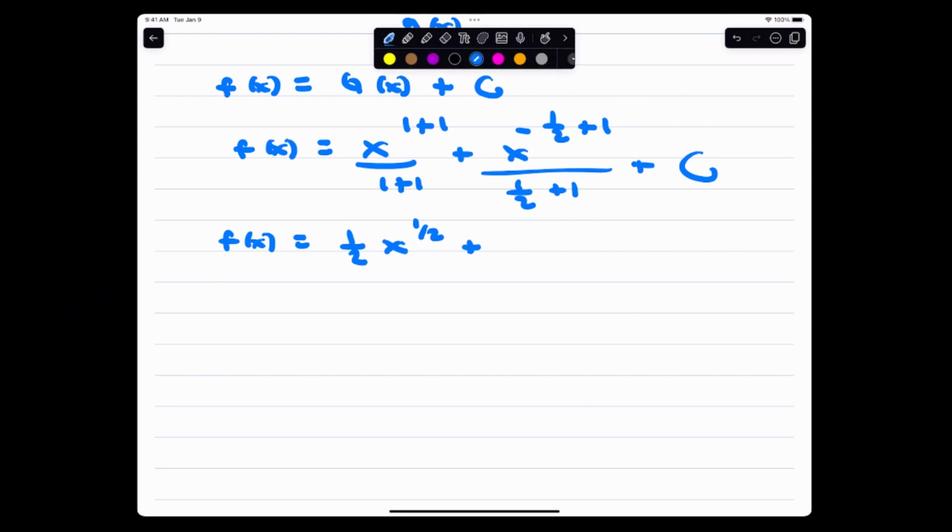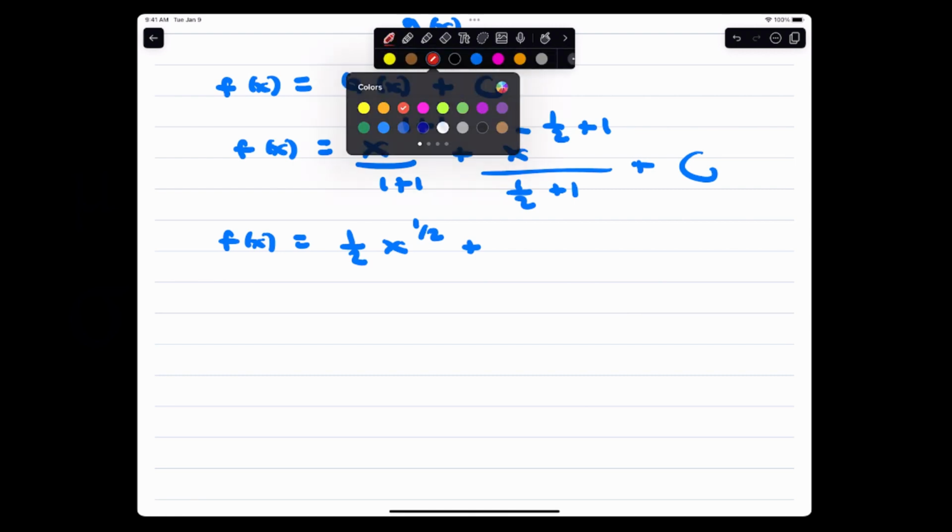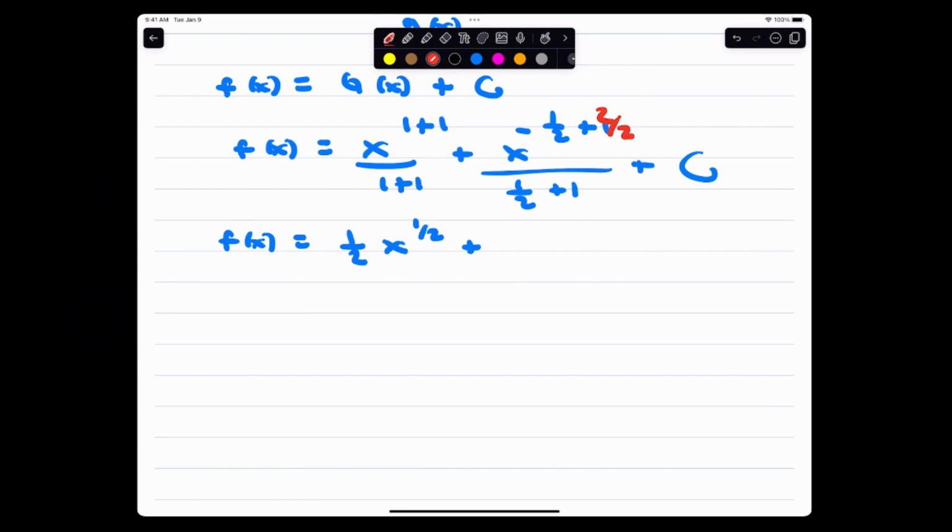All right. Oops, I have to do my arithmetic correctly. I'm starting to think of my mother. x to the 1/2 divided by, and that's going to be minus another 1/2. Is that right? Plus C?